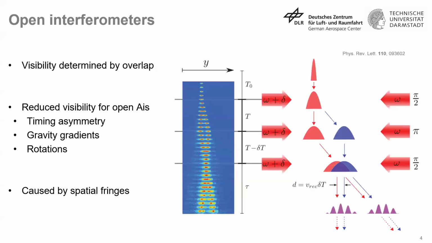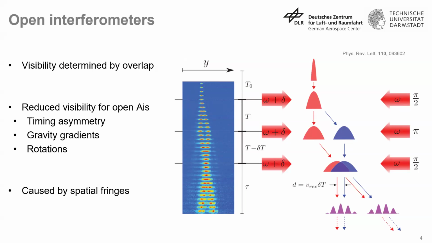The reason is the following, and this is actually how those fringes in the figure were generated: by inducing a timing asymmetry, you get spatial fringes in one shot. Spatial fringes are also pi phase shifted, but you cannot integrate over them.